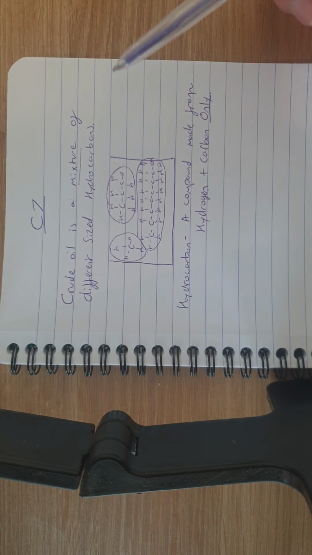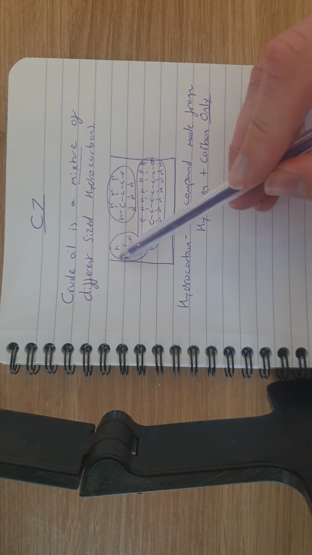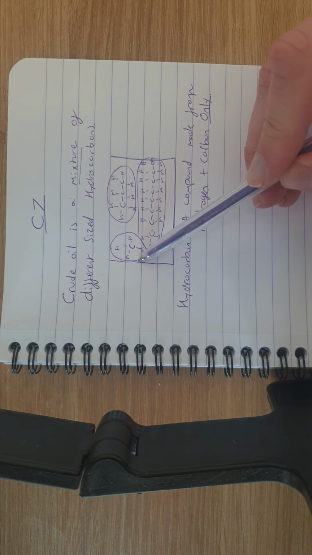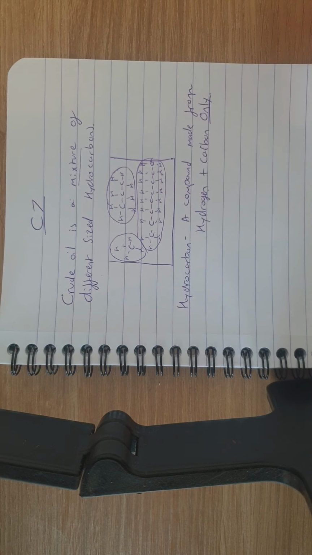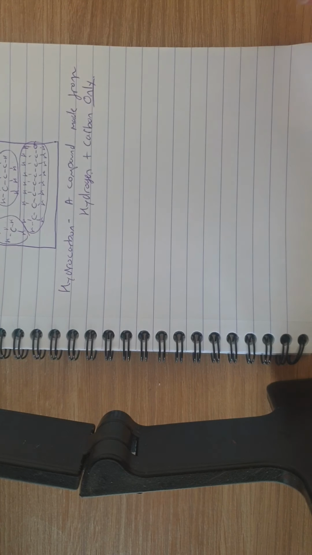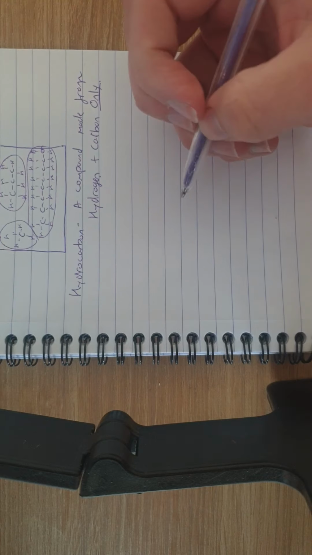Now, these different hydrocarbons have different properties, and that's what makes them useful or not very useful. So this small one is very useful, whereas this big hydrocarbon here is not very useful. So we're going to look at why that is shortly, but to start with, we're going to look at how we can separate this crude oil.